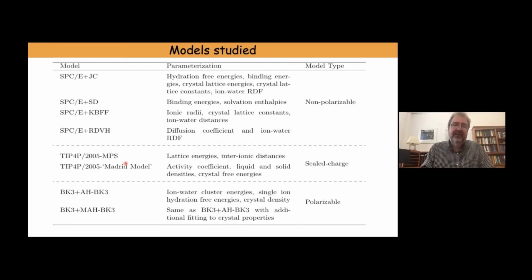These are the Madrid model that Carlos Vega and his co-workers have been proposing, and they are used in this particular case in combination with the TIP4P/2005 water model. And then we tried these polarizable models that I already said capture some of the physics for real water systems.